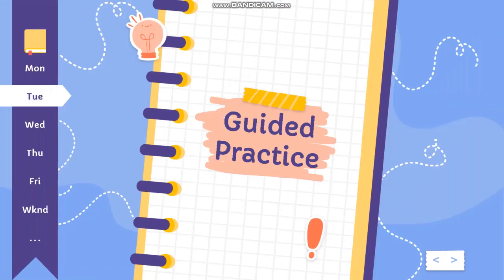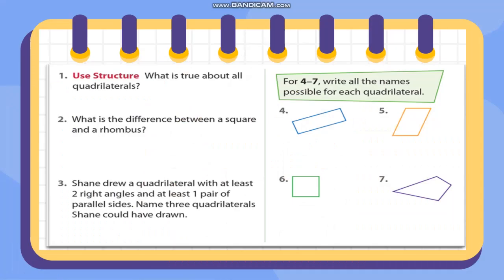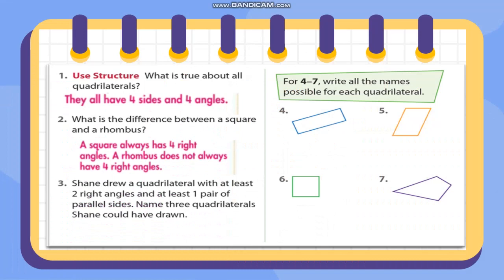Okay? Now, let's answer the following. What is true about all quadrilaterals? They all have four sides and four angles. What is the difference between a square and a rhombus? A square always has four right angles and a rhombus does not always have four right angles.